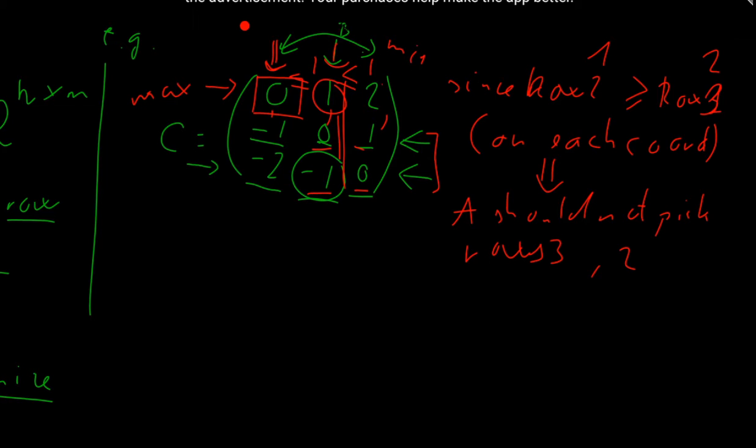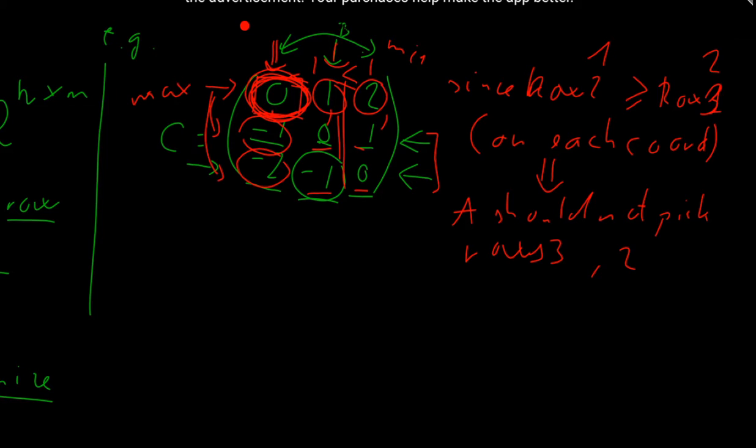And switching to the third column is also a bad move for player B. Similarly, if player A changes to the second or third row, then the gain of player A will be smaller since player A wants to maximize the value. So it means that for an optimal strategy, player A has to choose the first row and player B has to choose the first column.